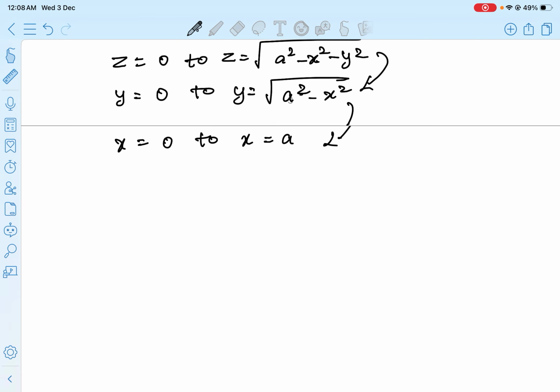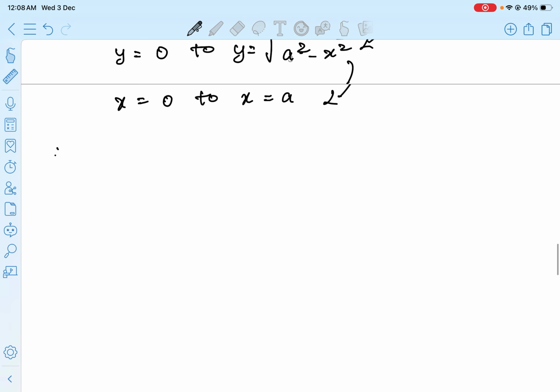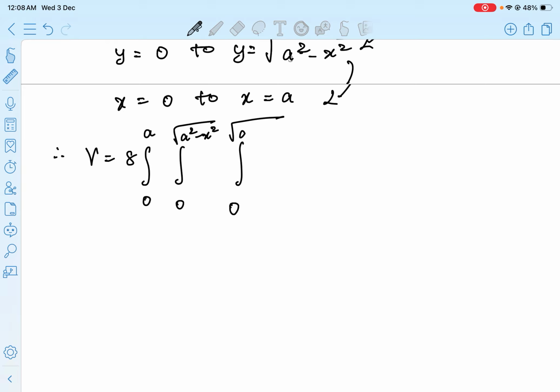Okay, so now we can write the integrals. 8 integral 0 to a, integral 0 to root of a square minus x square for y, and for z 0 to root of a square minus x square minus y square dz dy dx.